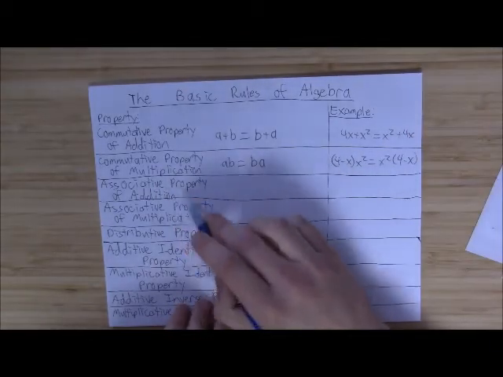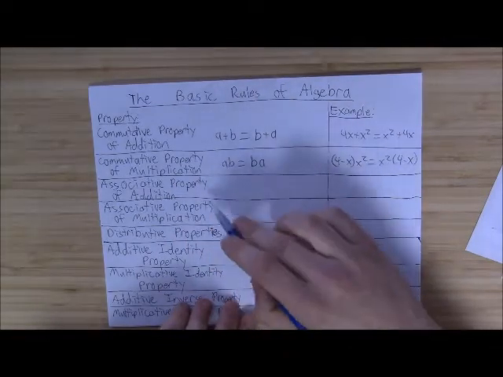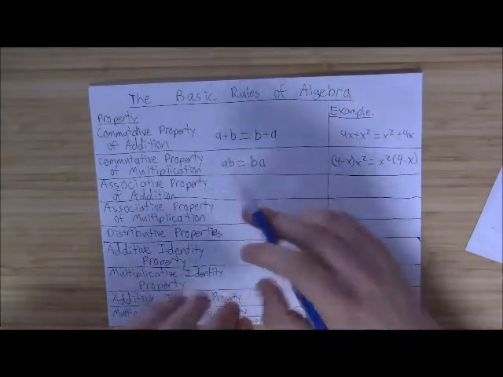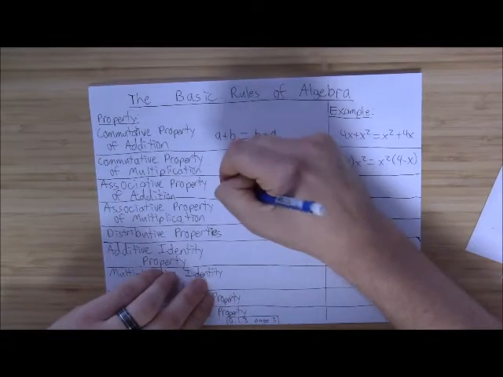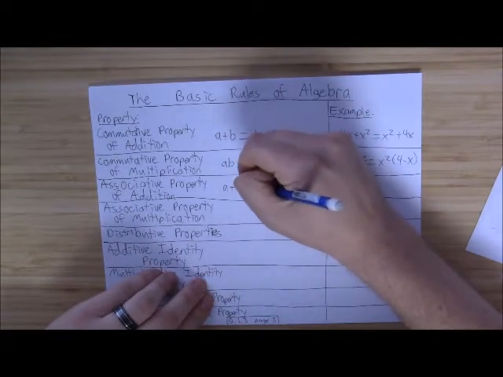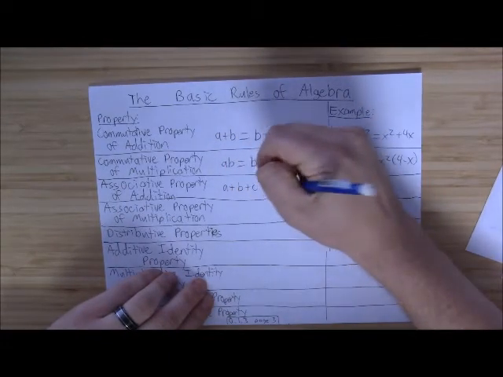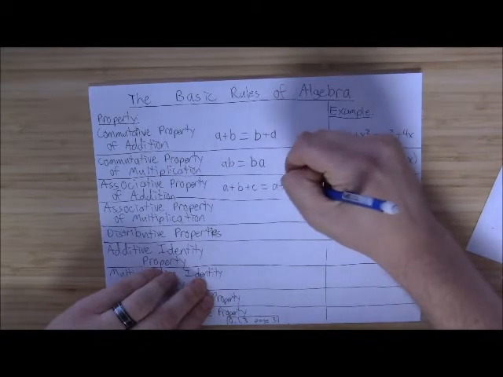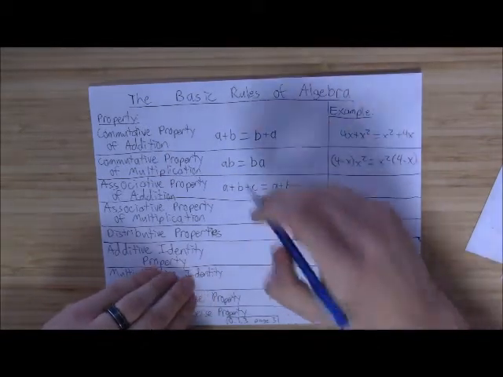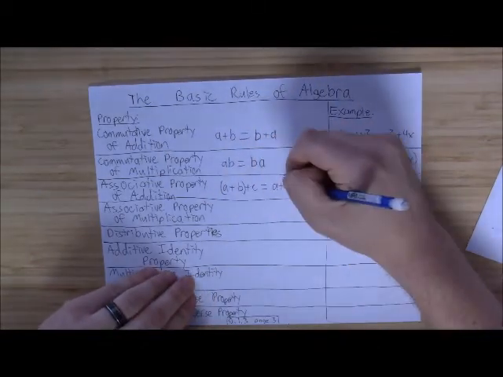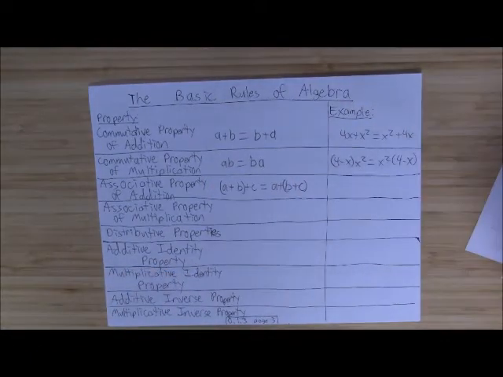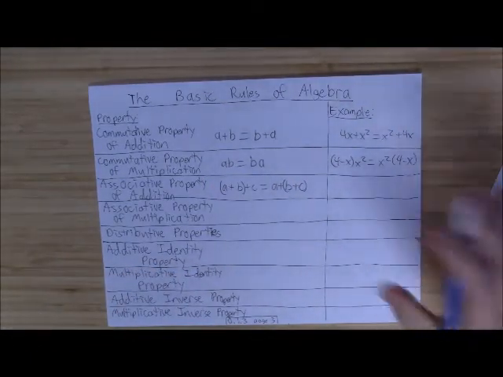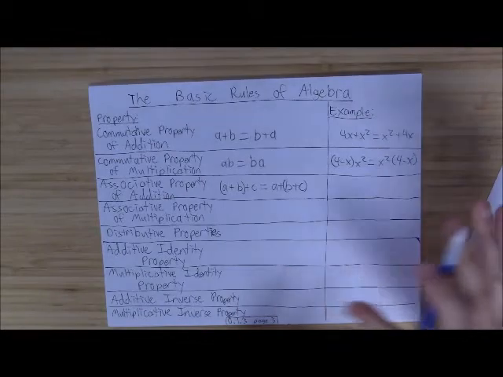Now, the associative property of addition and multiplication. Associative properties say that if you want to add, for instance, 3 numbers, it turns out it doesn't matter whether you add these 2 first or these 2 first, because we always know based on order of operations, parentheses happen before anything else.